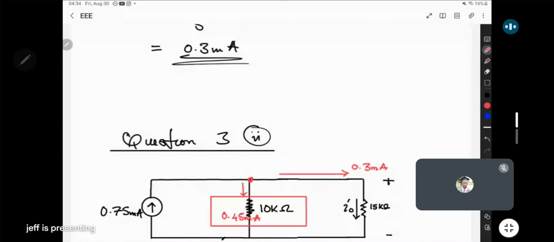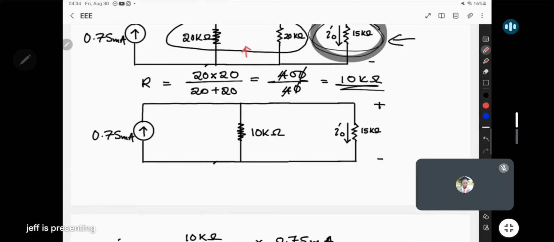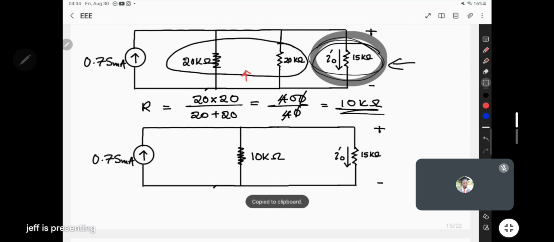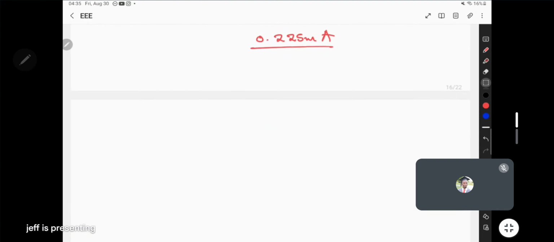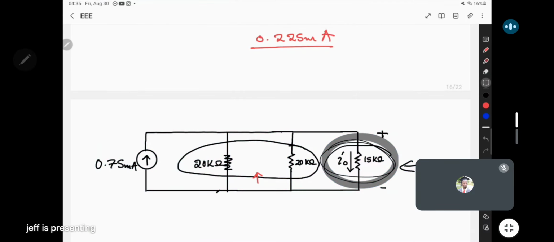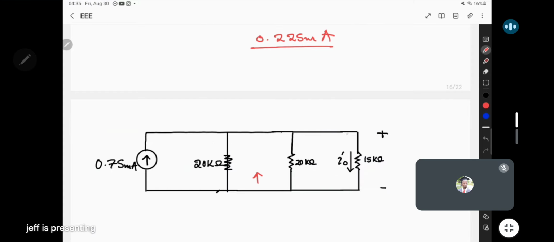So this will imply that when we reverse to this circuit, so when we come to this one here, what we now end up with is the current I0 still 0.3 milliamps.